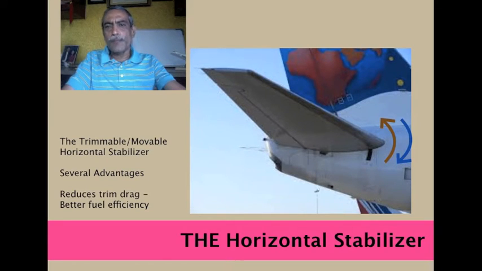Normally it would be neutralized by the movement of the elevator, but that doesn't serve the whole purpose. The movable horizontal stabilizer will enable a reduction in this drag. This drag is called the trim drag, which eventually leads to better fuel efficiency.